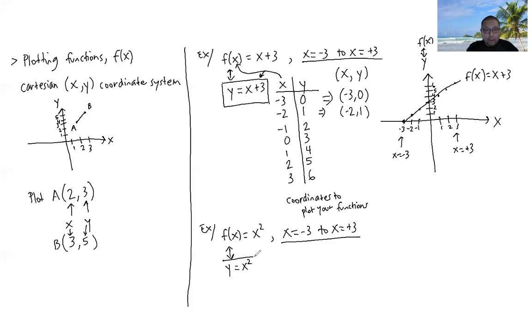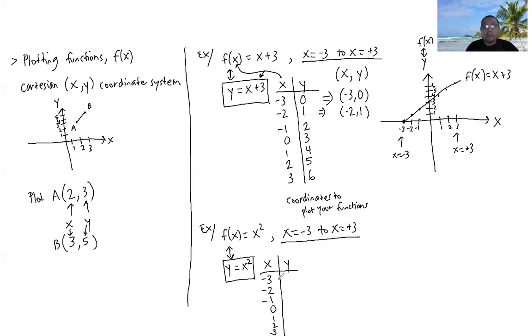Using this form, we can make a coordinate table, x, y. And what are we going to use for our x values? We said we were going to evaluate the interval from x equals -3 to x equals +3. So you're going to evaluate this at all of these values: 0, 1, 2, and I think we're going to fit 3.